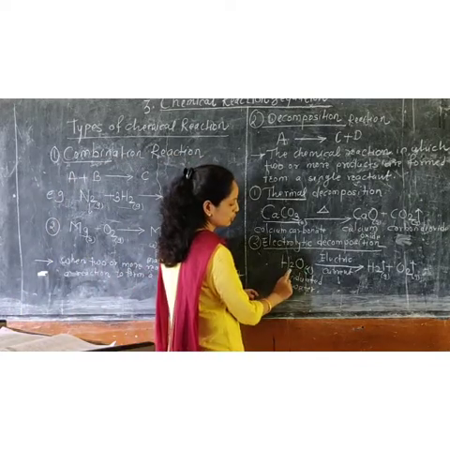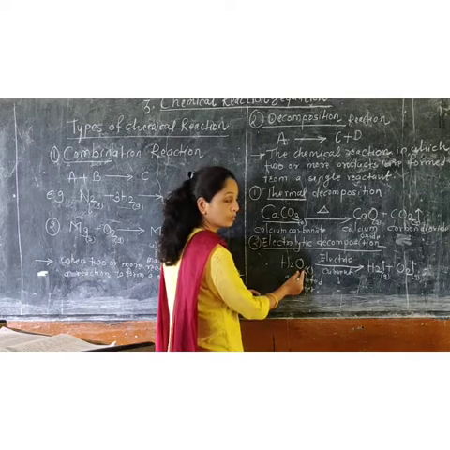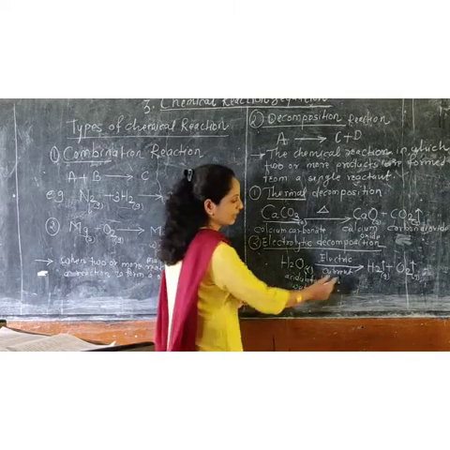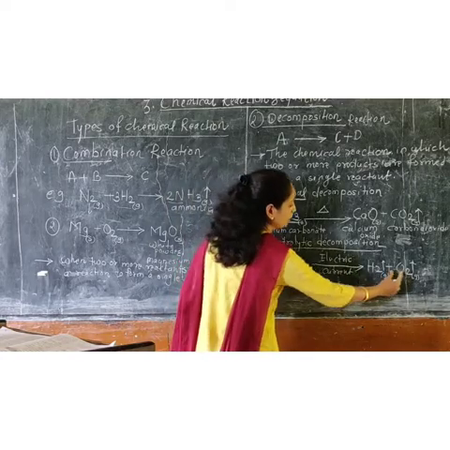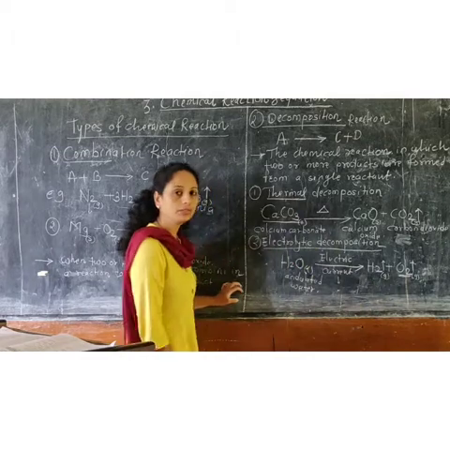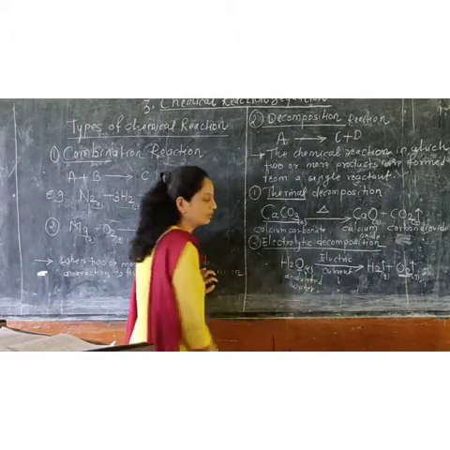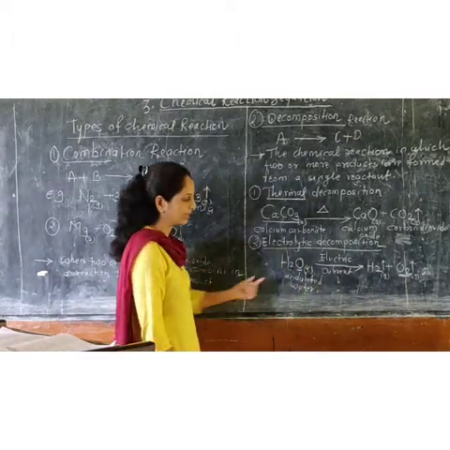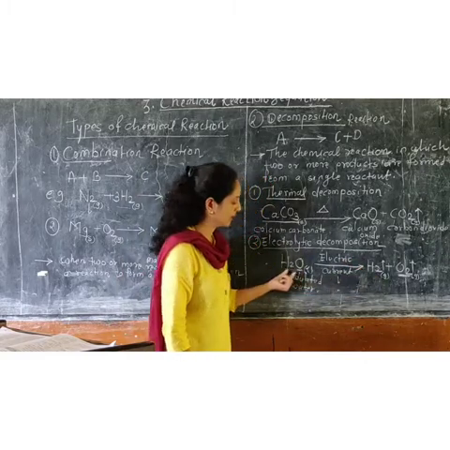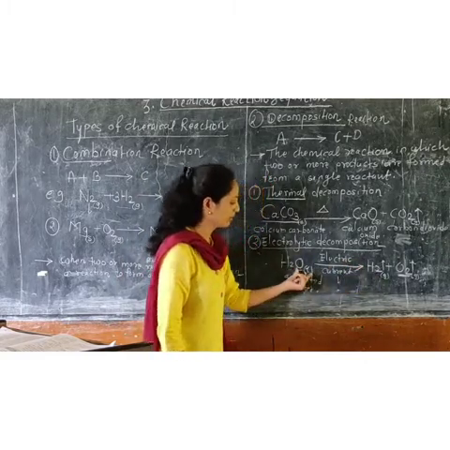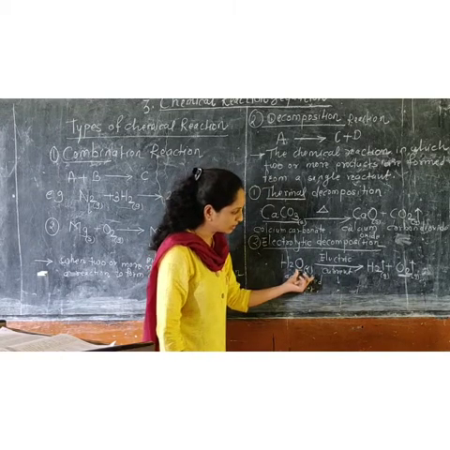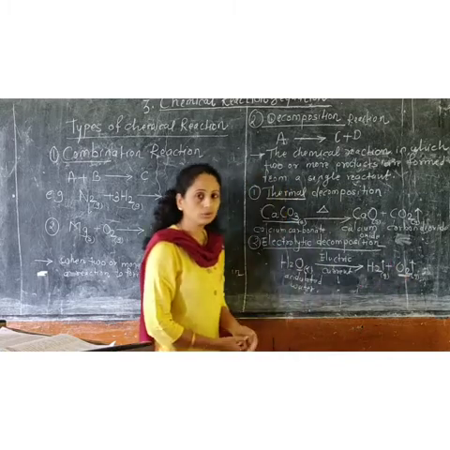Here in H2O, there are 2 hydrogen and 1 oxygen on the reactant side, and on the product side 2 hydrogen and 2 oxygen. Hydrogen is balanced initially, H2, H2. But oxygen atoms are not balanced. Here there is 1 oxygen, here there are 2 oxygen.